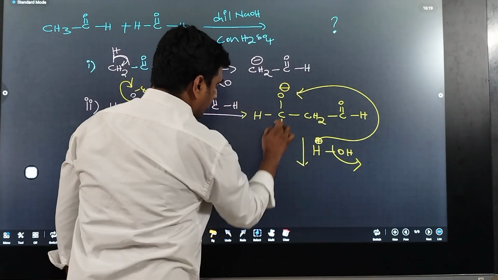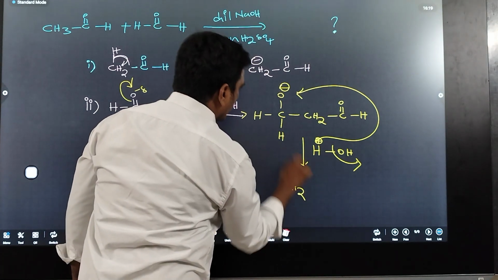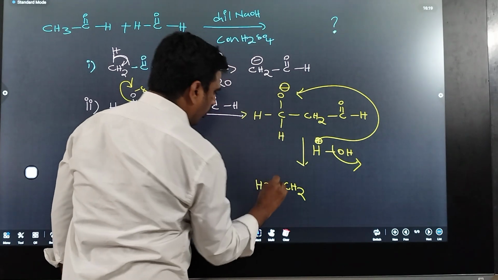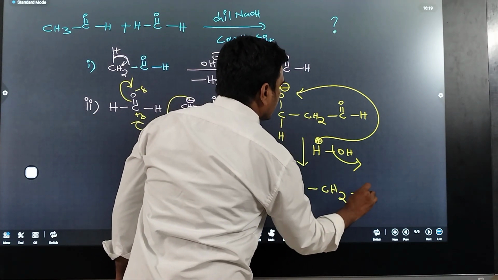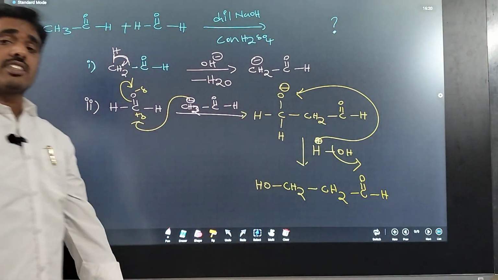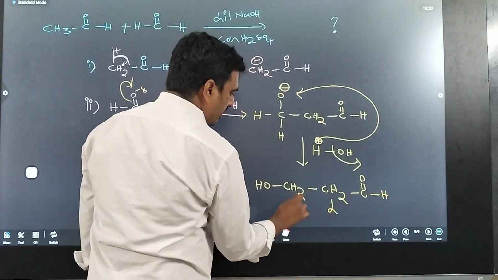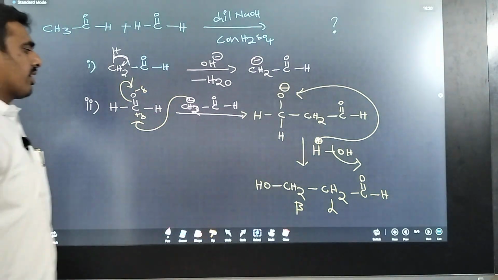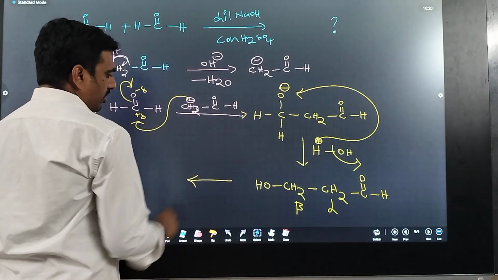So this carbon has 2 hydrogens, connected to OH, and this carbon is connected to CH2, then C double bond O H. So this is a beta hydroxy carbonyl compound, the alpha carbon functional group addition. This is the beta hydroxy carbonyl compound.